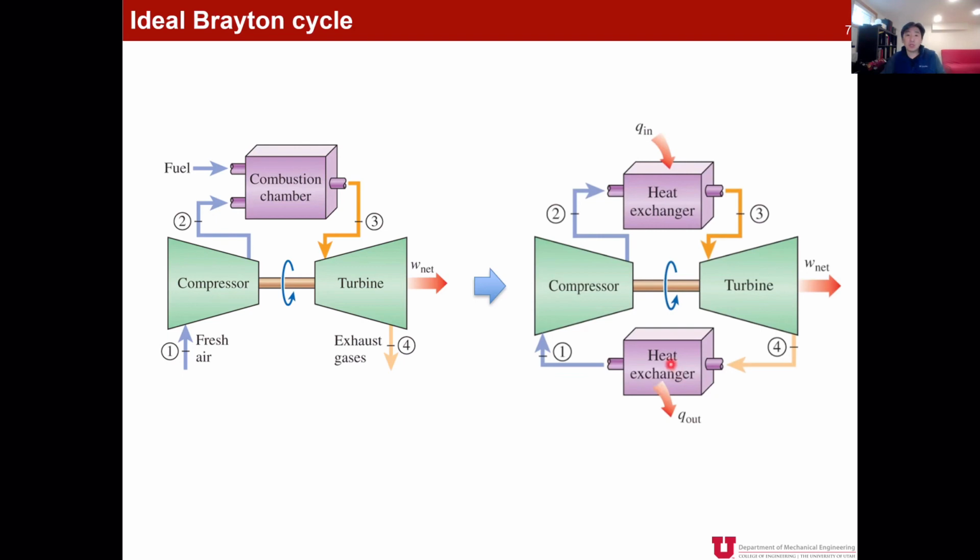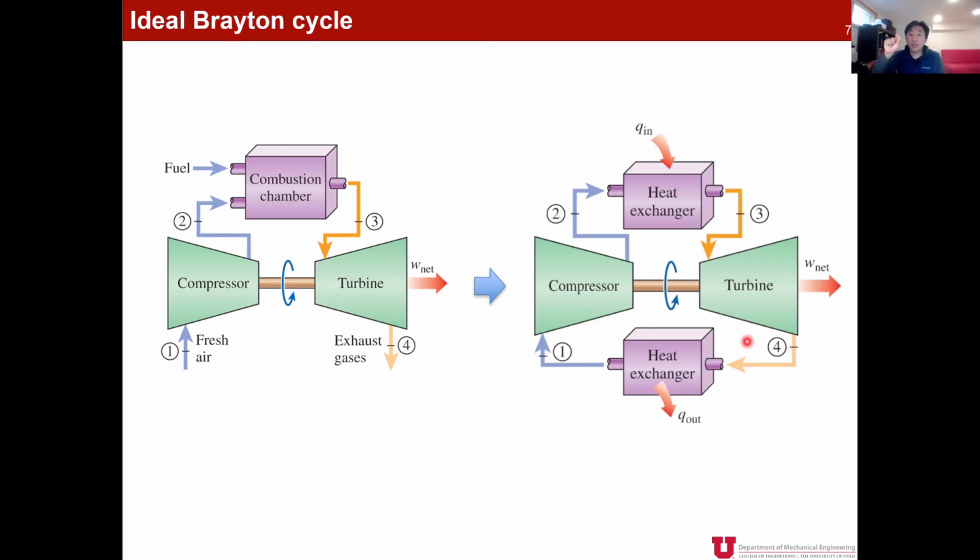So now, the entire ideal Brayton cycle doesn't consider the fuel. Instead, we assume that only air is the working fluid of that ideal Brayton cycle. Okay, so no combustion, just a heat addition process instead of combustion.